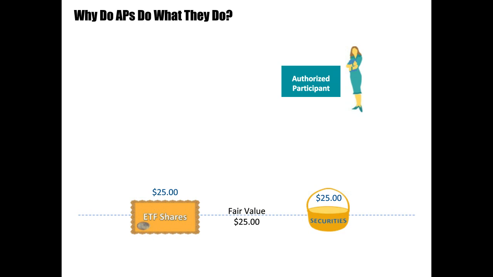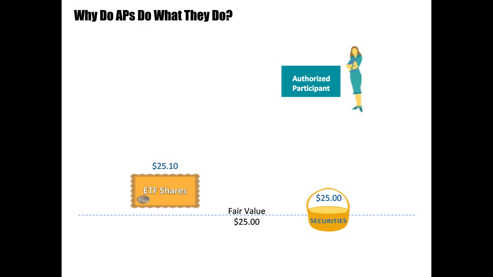But let's imagine in this example that someone comes in with a $10 million buy order for this ETF. Well, for a fleeting second, this excess demand for the ETF might drive its share price to a slight premium to fair value. In this case, the ETF share price has gone up to $25.10, but it's still only holding $25 worth of stock. This is when the authorized participant jumps.